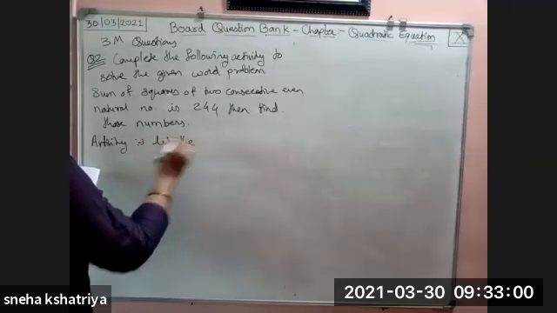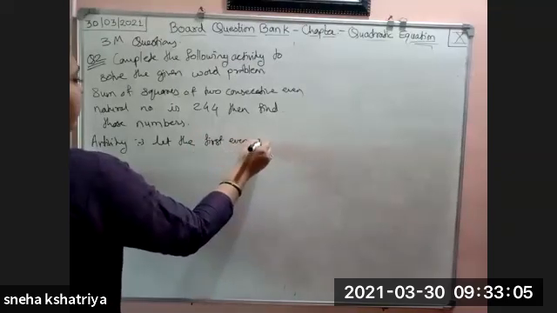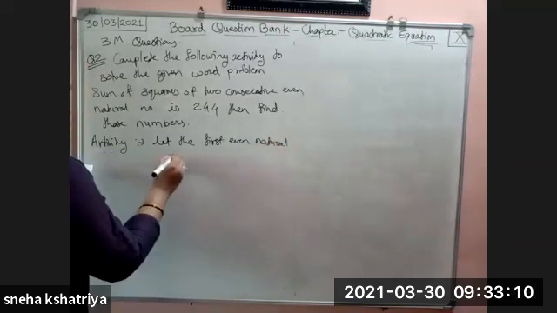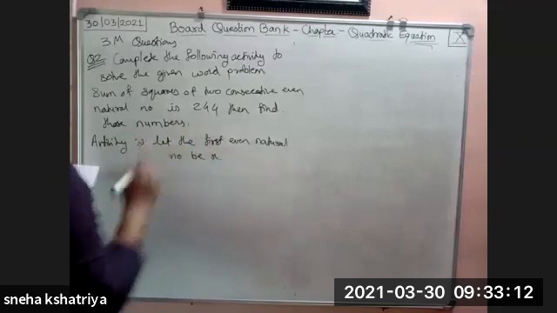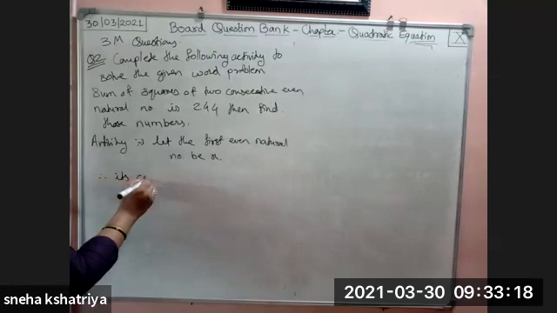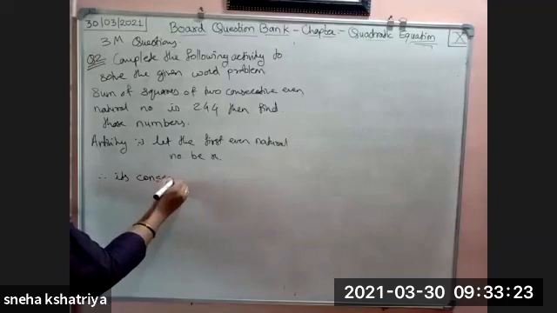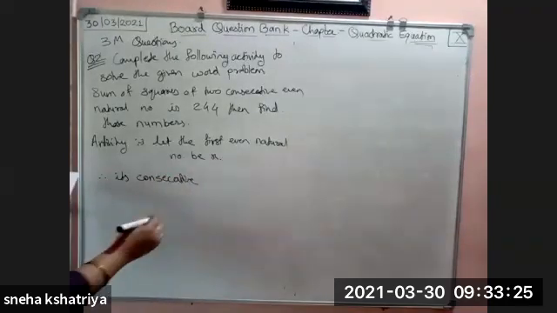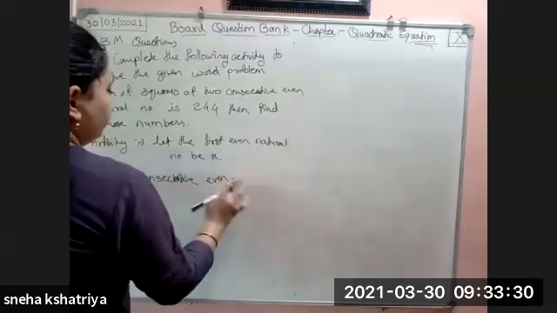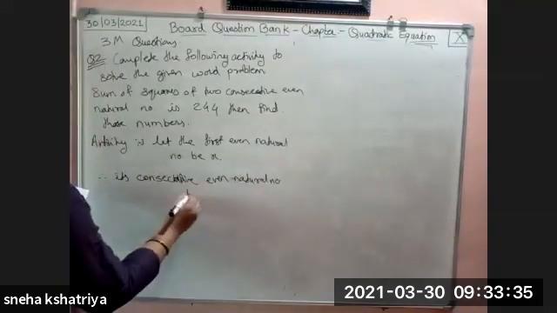Let the first even natural number be x. Therefore, the consecutive even natural number will be a box.